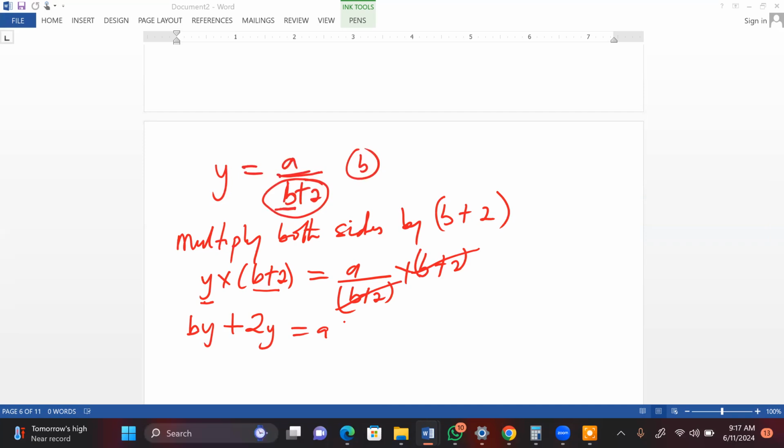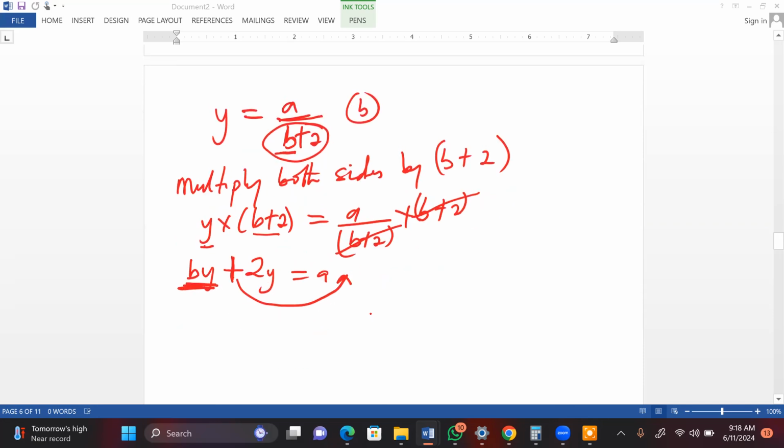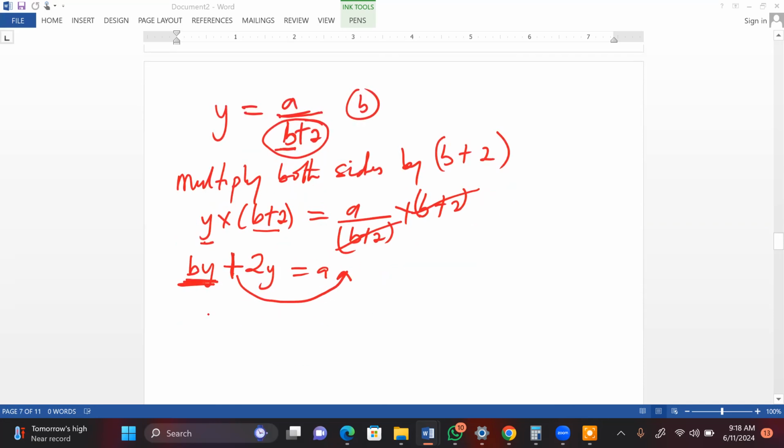Now, what we are looking for is B, which is in the first term. So we collect like terms. We take 2y to the other side. That gives yB equals A, plus or minus now? Minus. That's A minus 2y.